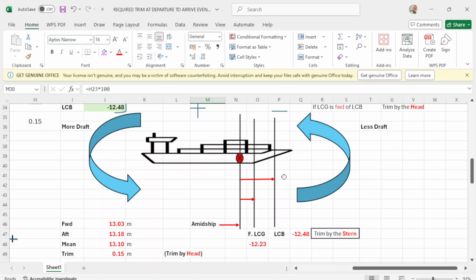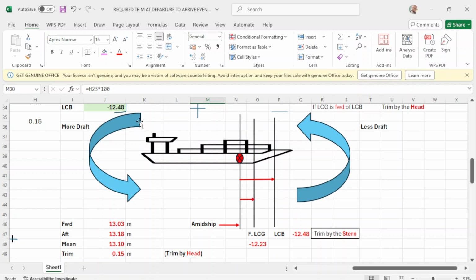When you go up, of course, your drop will be less. On the aft part, if it goes down or sinks, then you will have more drop here. Now, look at this LCG. The final LCG's role is to put the vessel down because of the gravity pull.